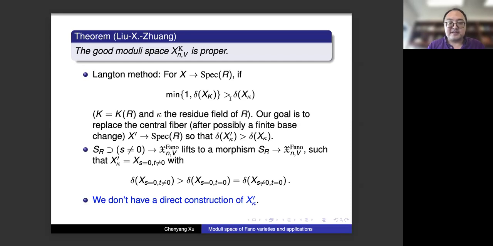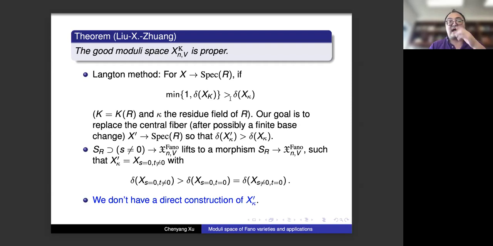So then you want to replace the central fiber to increase the stability. In other words, I want to find another family, which I call X', such that over the punctured disk it's still my original family, but now the central fiber is new. Then I want the delta of this X' central fiber to be larger.